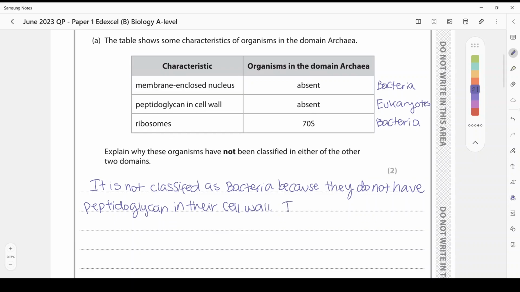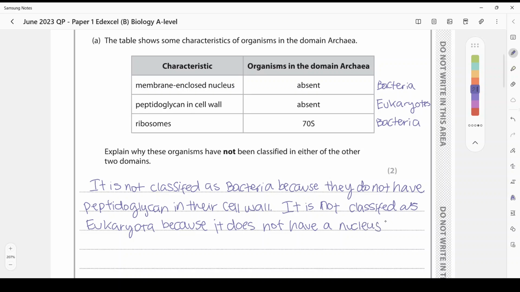And then we can also say it is not classified as eukaryota because it does not have a nucleus and has 70S ribosomes.